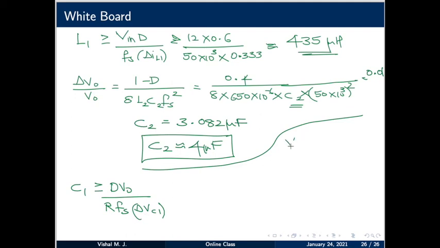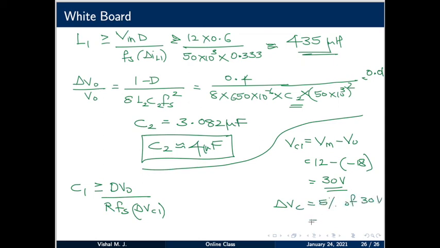So we have to find Vc1. What is Vc1? It is nothing but the input voltage plus the output voltage. So input is 12 plus output is 18, so the capacitor voltage is 30 volt. They are allowing 5% of it, so delta Vc1 is 5% of 30 volt. So the allowable ripple is 1.5 volt. That is what we are going to use.